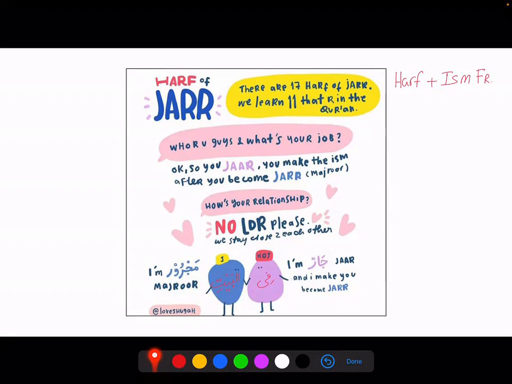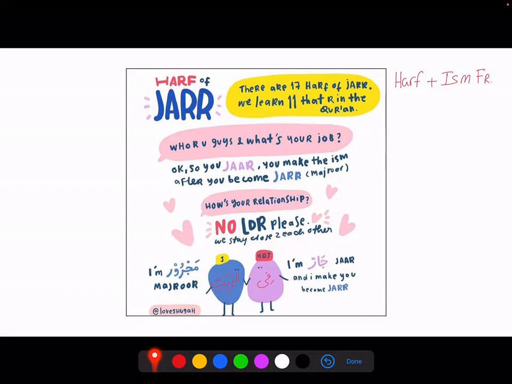We will learn some other fragments where sometimes they do have a long distance in between, for example when something is at the beginning of the sentence and its ism comes at the end.